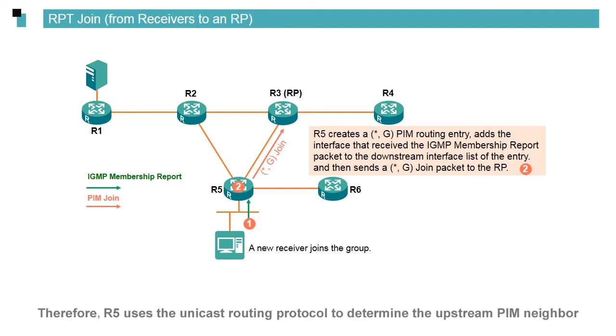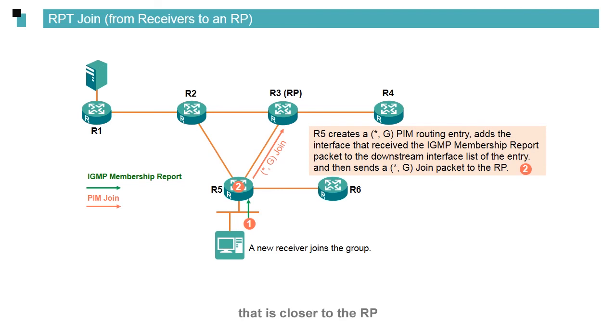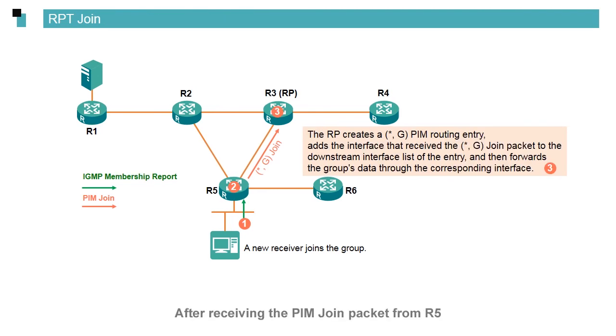Therefore, R5 uses the unicast routing protocol to determine the upstream PIM neighbor that is closer to the RP.